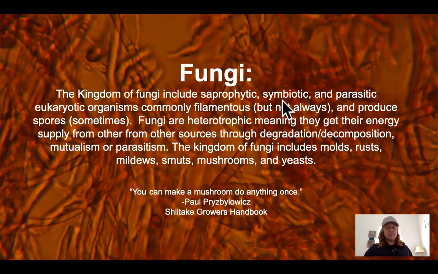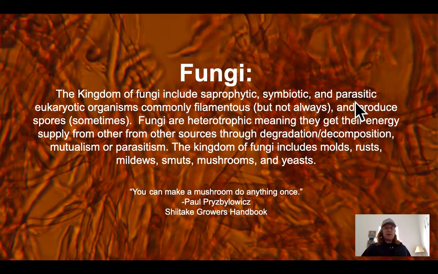The next component of this is symbiotic fungi. As gardeners, we're familiar with mycorrhizal fungi or possibly even endophytic fungi. These are the fungi that work in conjunction with plants to assist them in their process of photosynthesizing sugars in some way, shape, or form, or perhaps defending them from parasitic organisms. Basically, these are fungi that work in conjunction with other organisms to get their source of energy, their source of carbon.